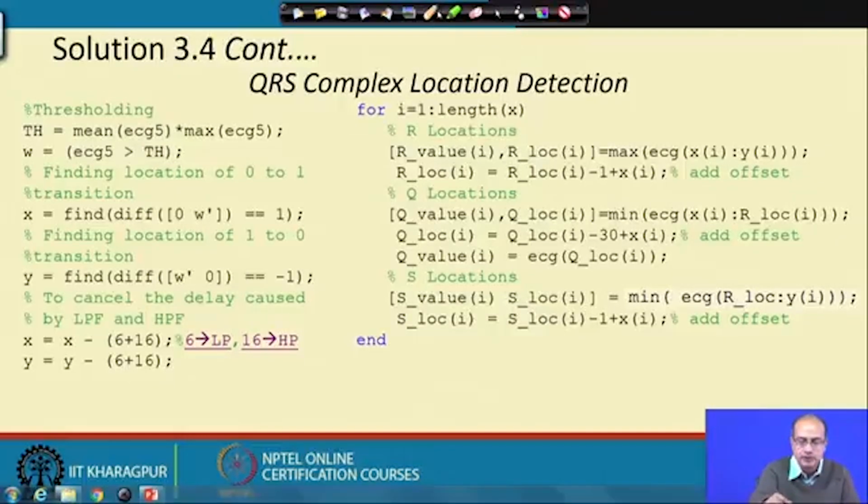The threshold is nothing but the mean of the ECG signal, and again a scale is given. So we have taken the max, that means 50% of the ECG signal should come, because we have already taken this as a 1.